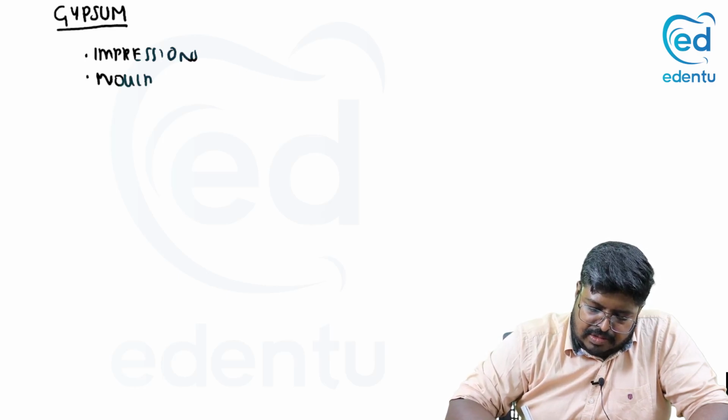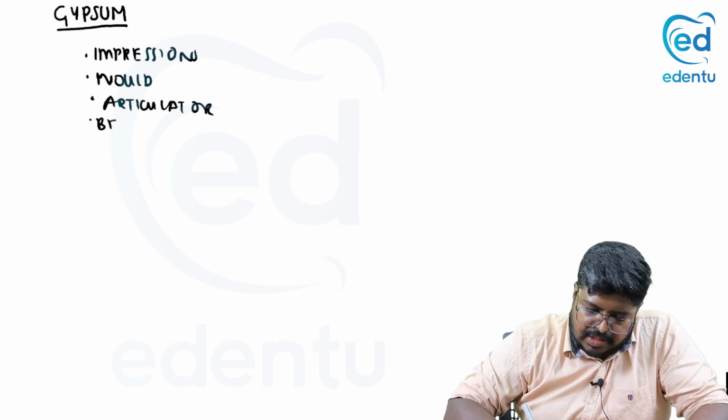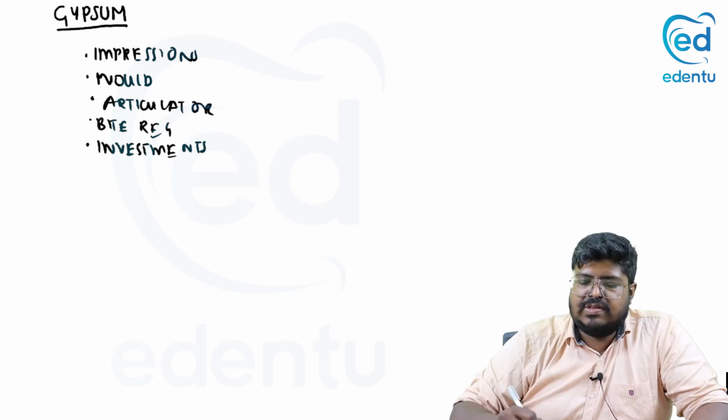Therefore, the major functions or indications will be, A, to make impressions of the mouth and face, to make molds or casts for various purposes, to attach the cast to an articulator, then for bite registration, and then for dental investments. These are the major indications of gypsum products.